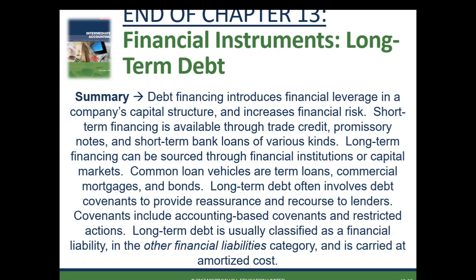Common loan vehicles are term loans, commercial mortgages, and bonds. Long-term debt often involves debt covenants to provide reassurance and recourse to lenders. Covenants include accounting-based covenants and restricted actions. Long-term debt is usually classified as a financial liability in the other financial liabilities category and is carried at the amortized cost. So that brings us to the end of Chapter 13.